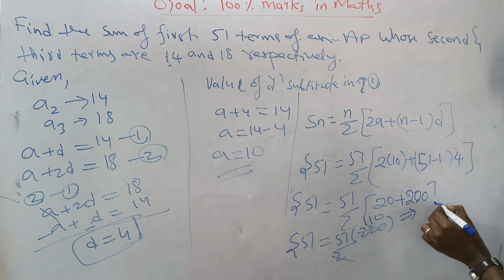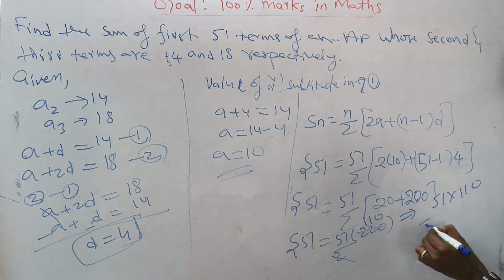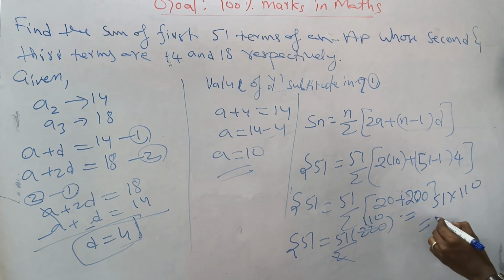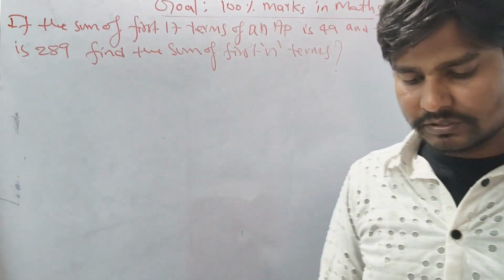So finally S51 is 51 into 110, which gives 5610. Clear?